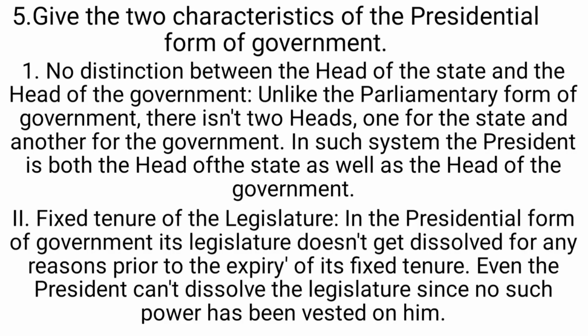Number 2, fixed tenure of the legislature. In the presidential form of government, the legislature does not get dissolved for any reason prior to the expiry of its fixed tenure. Even the president can't dissolve the legislature since no such power has been vested in him.